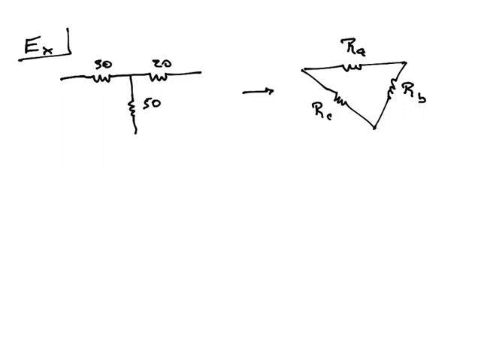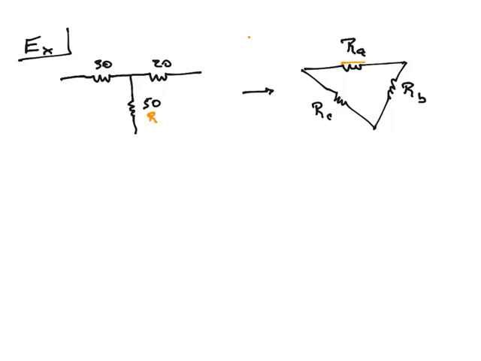How do I label the Y, or the T in this case? Remember, T and Y connections are the same, they just look slightly different. Rather than being at diagonals, they're straight across. How would I label my T connection to match my delta connection to make my equations easier? Well, if I have RA here as the top in the middle, opposite to that would be the 50, the bottom middle.